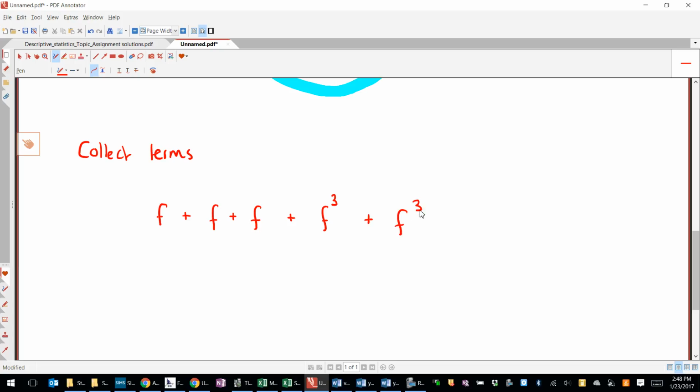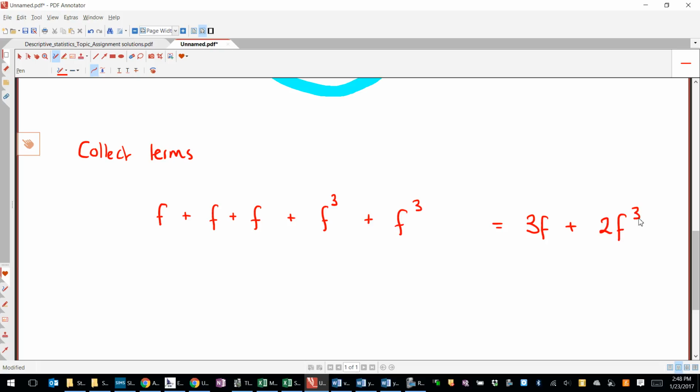Okay. You would simplify it to 3f plus 2f cubed. Yeah? We all agree?